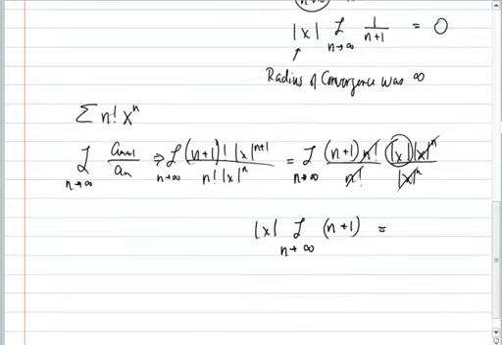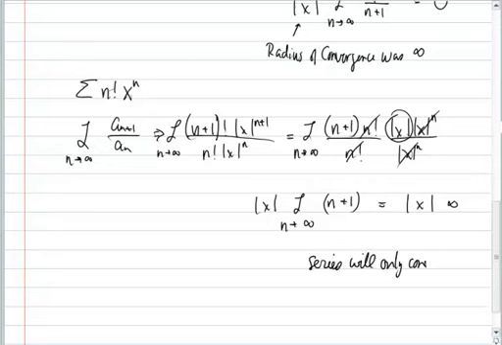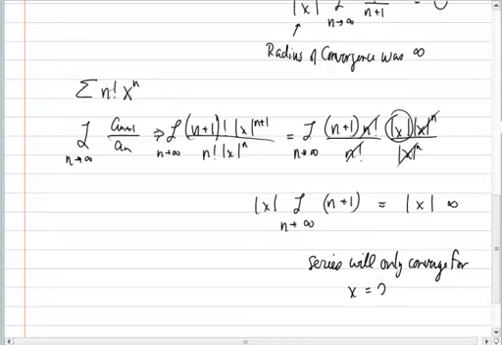And as you can see here, it doesn't matter what x is, it just tells us that the limit is going to go to an infinite value times x. So in this case, this series will only converge for x equaling 0.